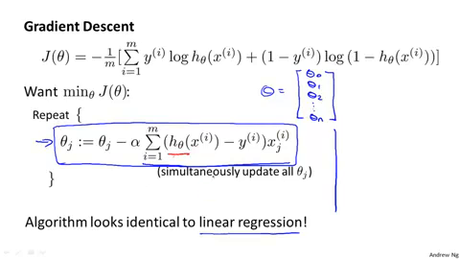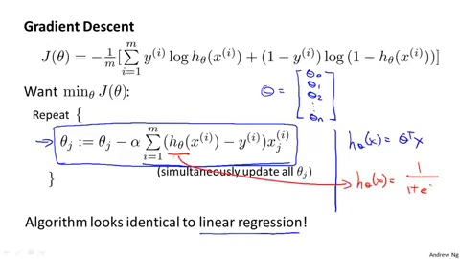Whereas for linear regression we had h of x equals theta transpose x, now h of x is instead 1 over 1 plus e to the negative theta transpose x. So even though the update rule looks cosmetically identical, because the definition of the hypothesis has changed, this is actually not the same thing as gradient descent for linear regression.